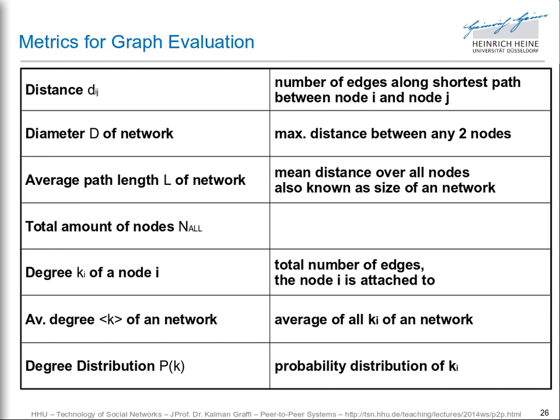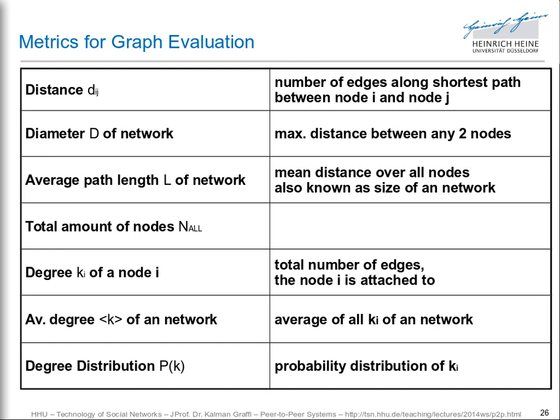This is the mean distance over all node pairs. We have a total amount of nodes N. Then we have the degree Ki of a node i. This is the total number of edges the node is attached to. The average degree of the network is again the average of all Ki of the network.